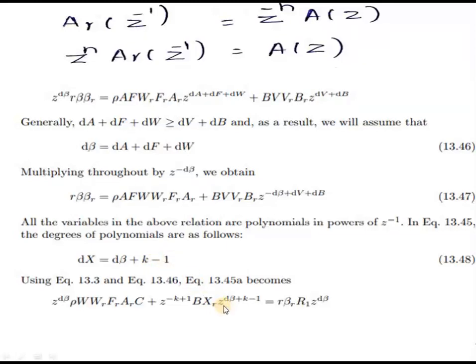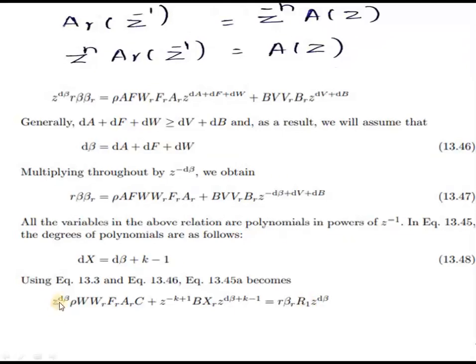Here we have put the value of the degree of x as d_B plus k minus 1, and B star is also replaced by B_R into z raised to d beta. That is, we have to use the approach, that is spectral factorization, to convert these z polynomials into z inverse.